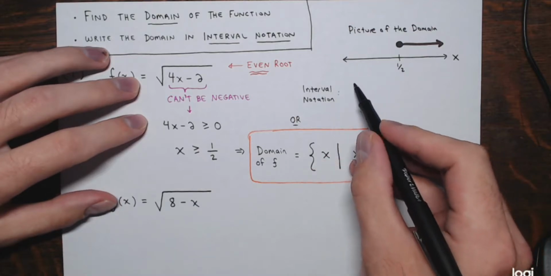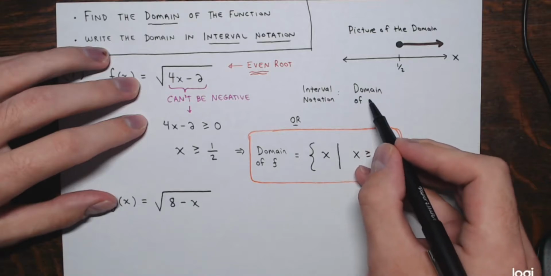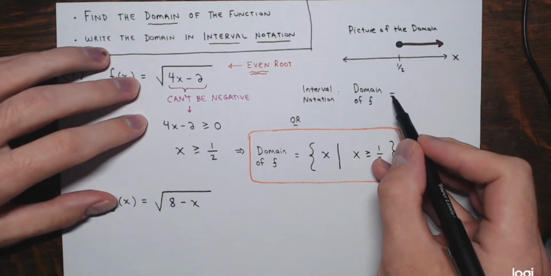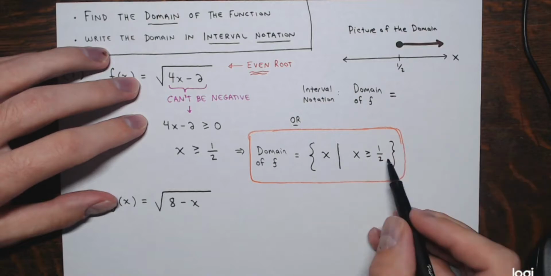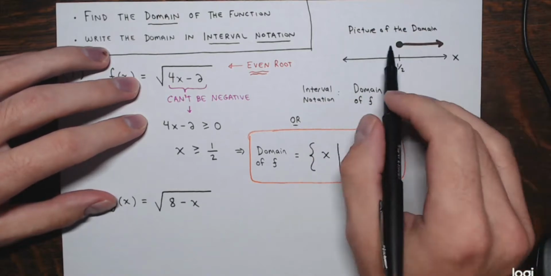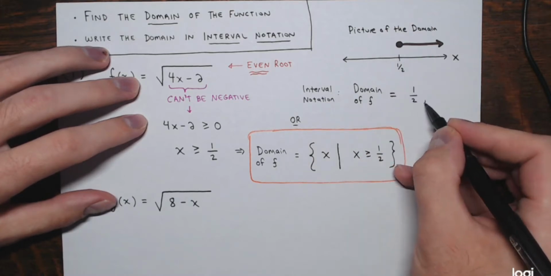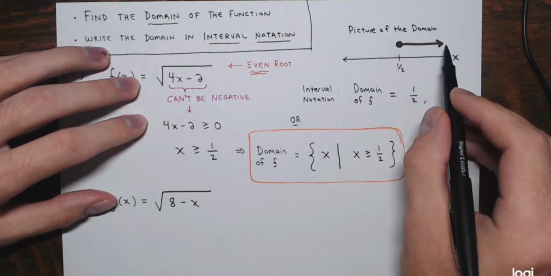So here I would say that the domain of f is the following set, but written in interval notation instead of set builder notation, going left to right. Start at 1/2, so I write 1/2, then comma, and then where does this set of numbers end?